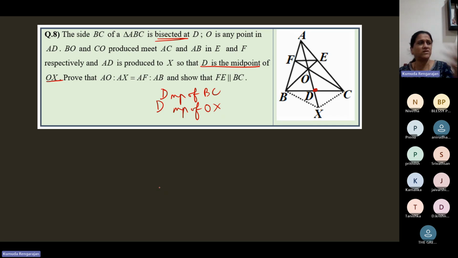All the rest of it is just explaining the diagram. You don't have any equalities or any relation there. You're just explaining the diagram, that this one is produced and it meets something somewhere.